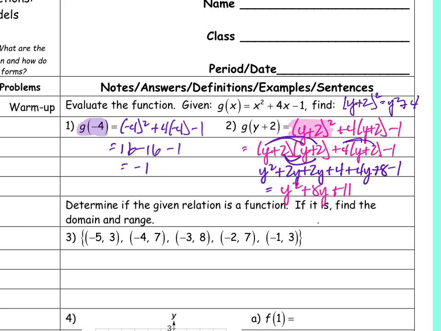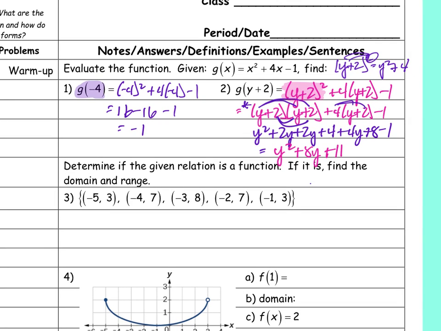I'm not distributing the square through. Squaring means I multiply by itself that many times. So this is what it actually means to square. So just remember when it's square, I have to multiply it out that way. So I'm pretty sure that's how you got the y squared plus 4y plus 11 on that one. Okay. Not having seen your work, I can't tell you for sure, but I think that's how you got it.